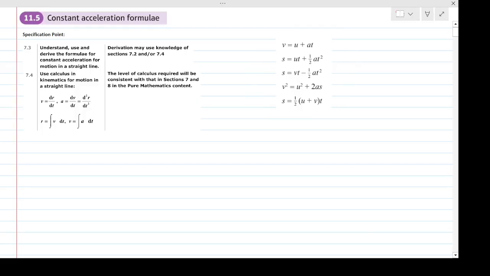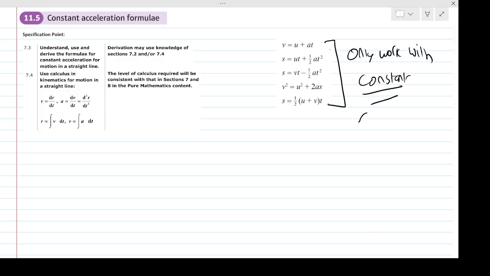And so the key idea is, again, these Suvat formulas only work with constant acceleration. Okay? So that means the acceleration has to be the same throughout the whole journey.